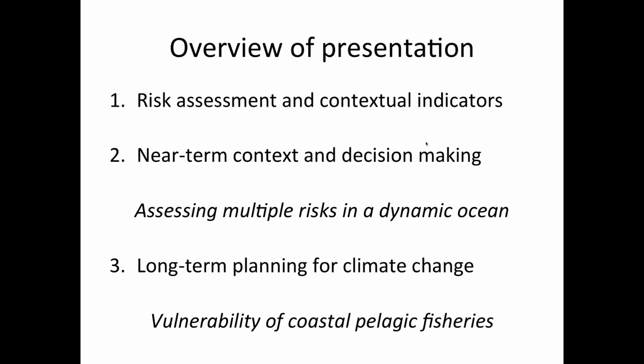Then after Elliott presents section 2, he'll turn the controls back over to me, and I'll present some preliminary work we're doing on long-term planning for climate change, and in particular looking at the vulnerability of coastal pelagic fish and the fisheries that prosecute them. This one, I think, relates to the fishery ecosystem plan in the sense that it assesses the potential effects of near-term and long-term climate effects on managed species in West Coast fisheries.